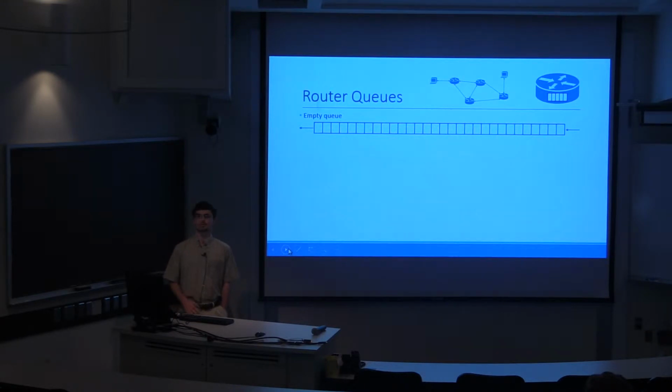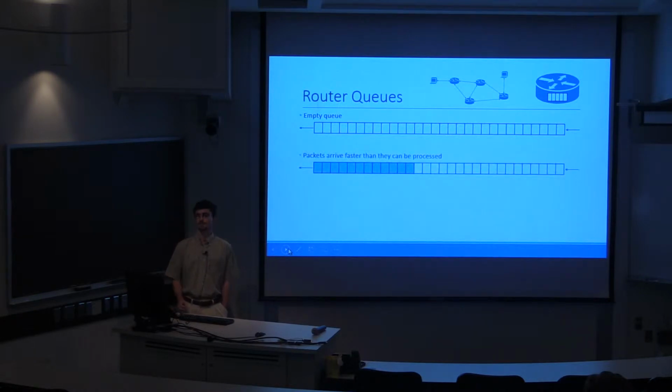So let's go back to routers for a second. Each router has a series of queues in it, one for each network interface. And if the queue is empty, that means that traffic is entering the router at a slower rate than the router is capable of processing it. So there's no congestion. All the traffic that arrives flows through quickly.